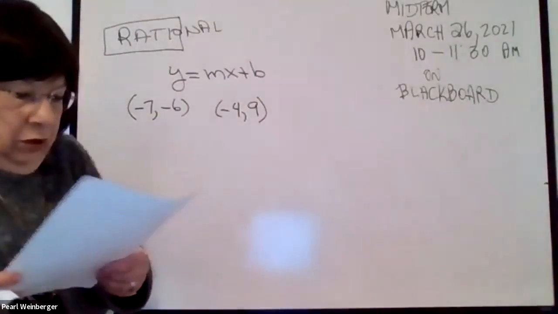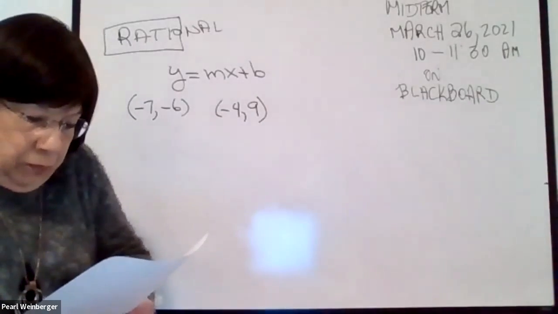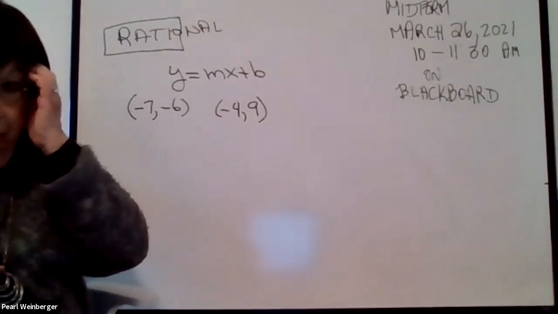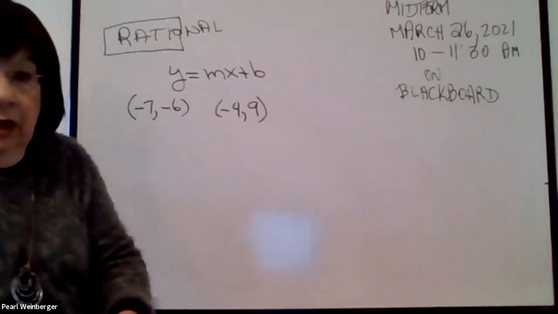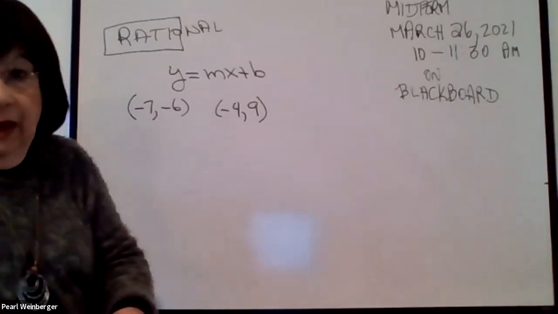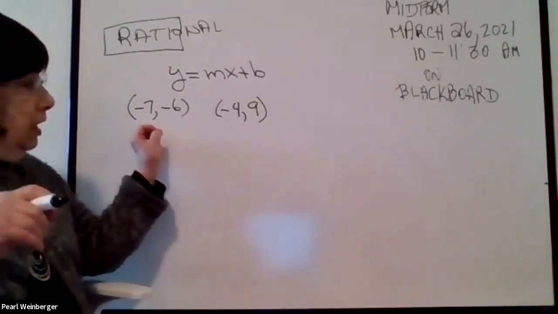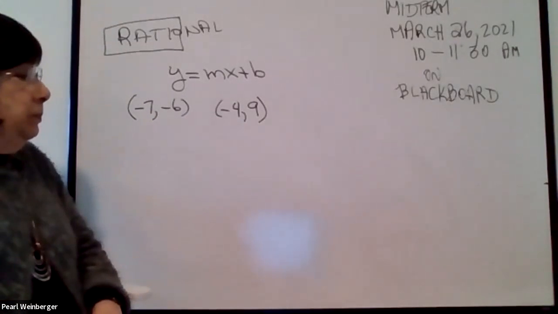Here's the question: find the equation of a line through the pair of points. We want to write the equation of the line between these 2 points. Then we're going to talk about how we graph the line. Actually, when we have 2 points, it's really not hard to graph. You just plot each point and then connect the two points.